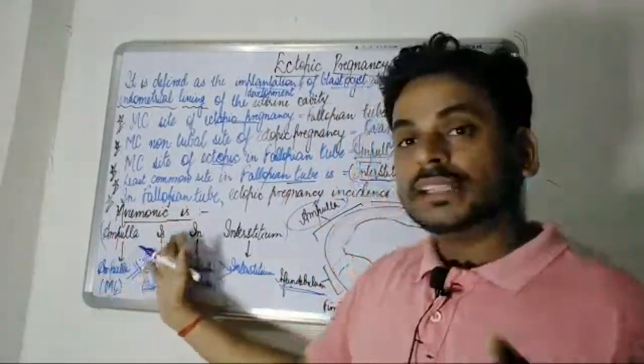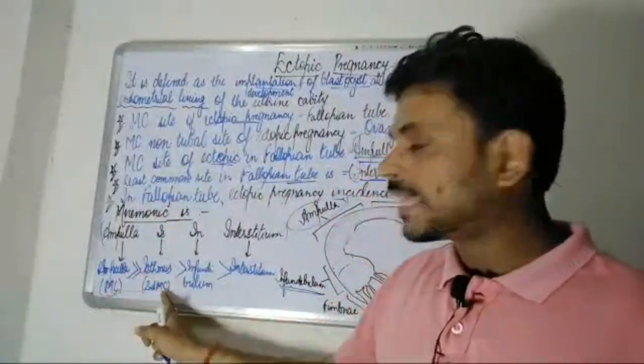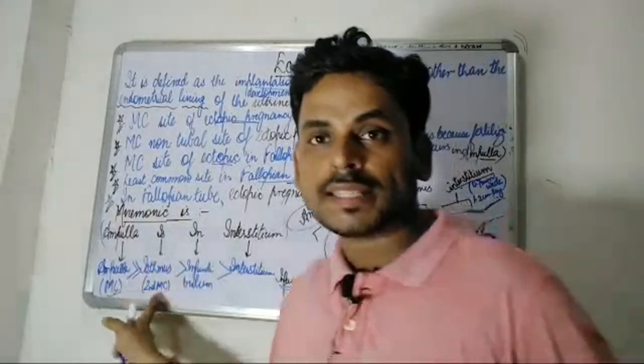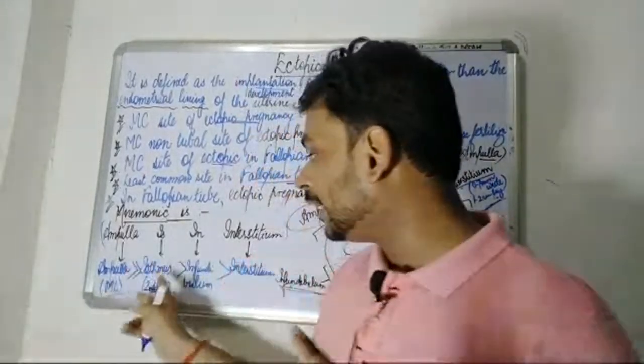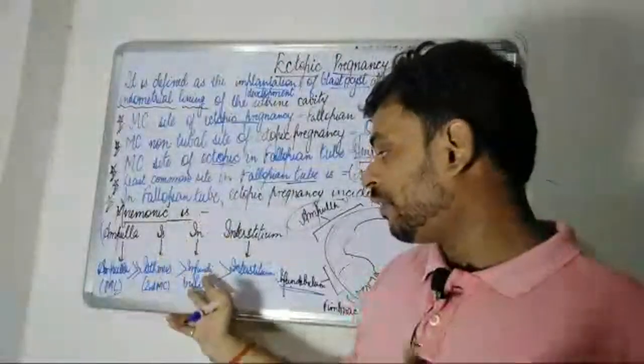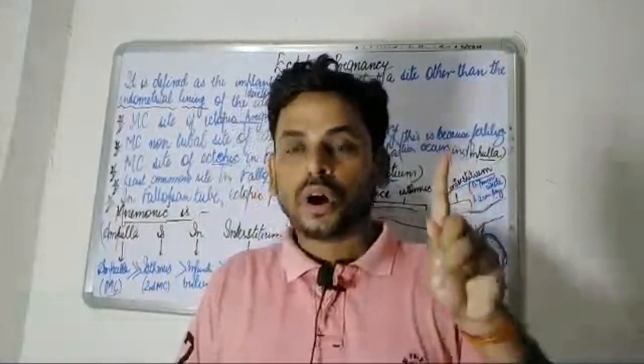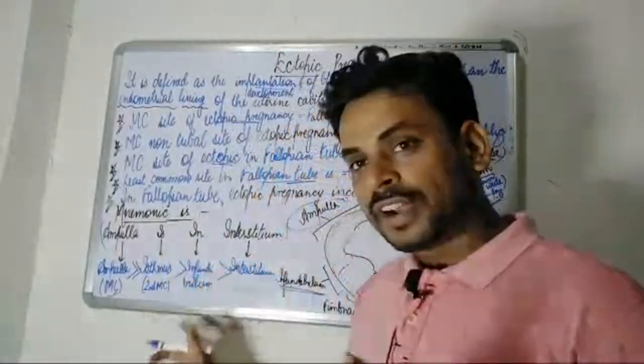Moving on, the "is" of the mnemonic refers to the isthmus. So the second most common site of ectopic pregnancy in the fallopian tube is the isthmus. Third, "in" refers to the infundibulum. So the third most common site is the infundibulum.